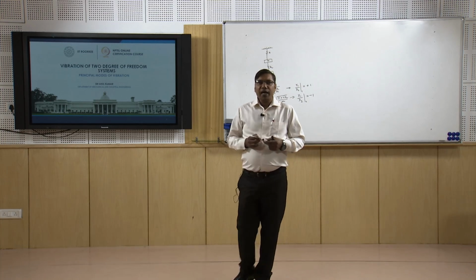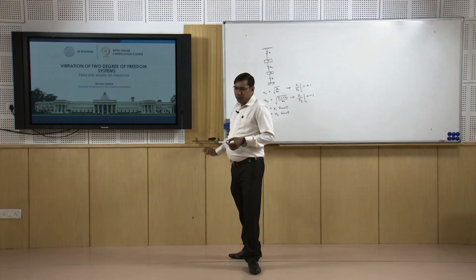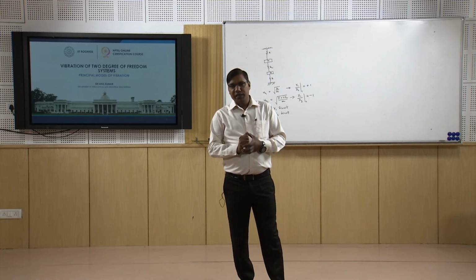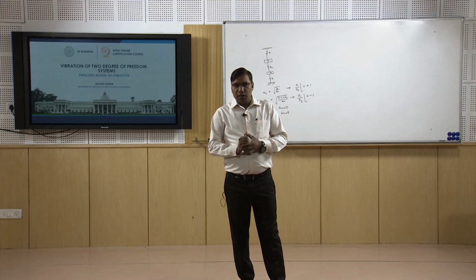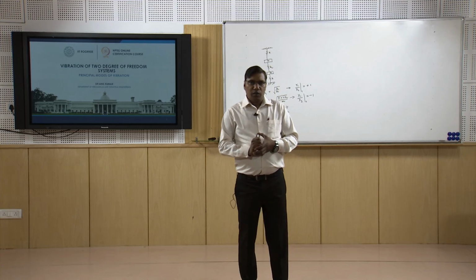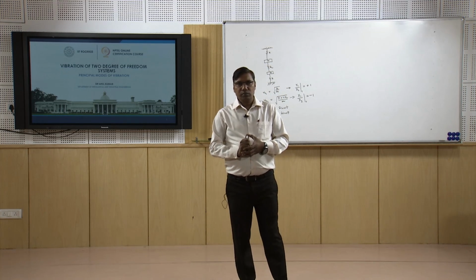Now, when we say that the system is vibrating with the first natural frequency, what does it mean here? It means that each and every point of the system is vibrating with the same harmonic motion.